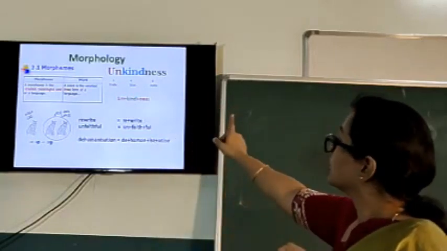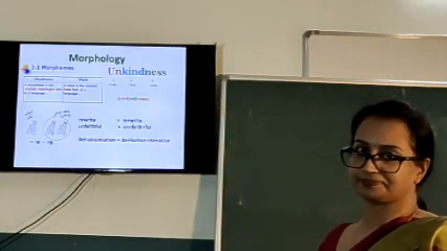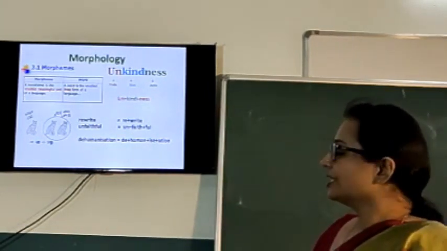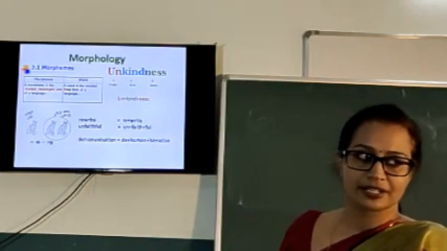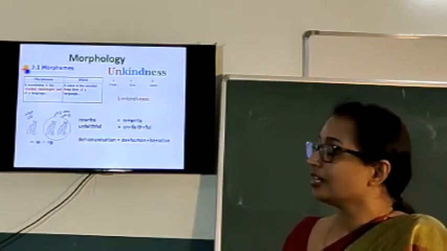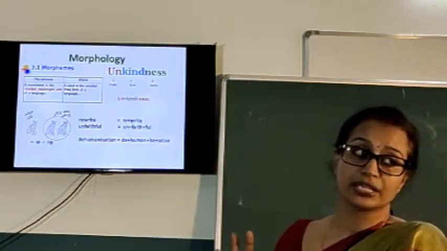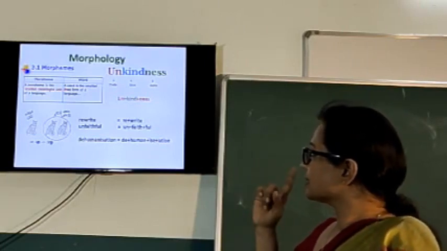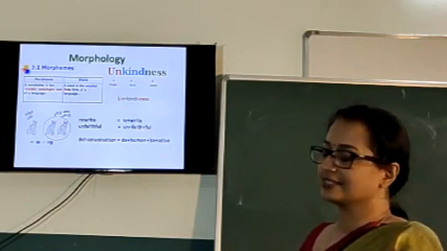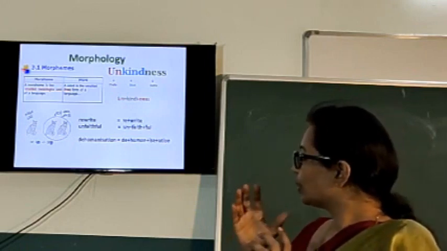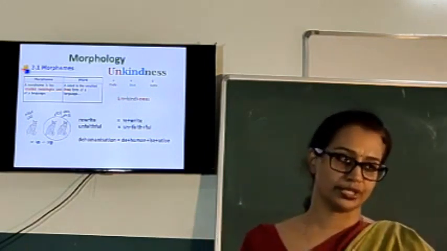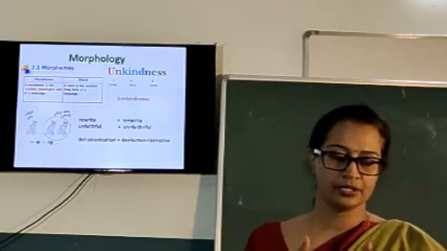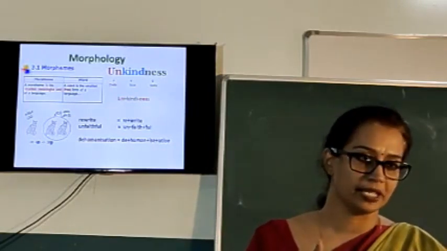Now, look at the word unkindness. How many morphemes does it have? Unkindness has three morphemes. Un plus kind plus ness. So the word kind, that is the root word, when it is joined with the prefix un, has a slight alteration in meaning.